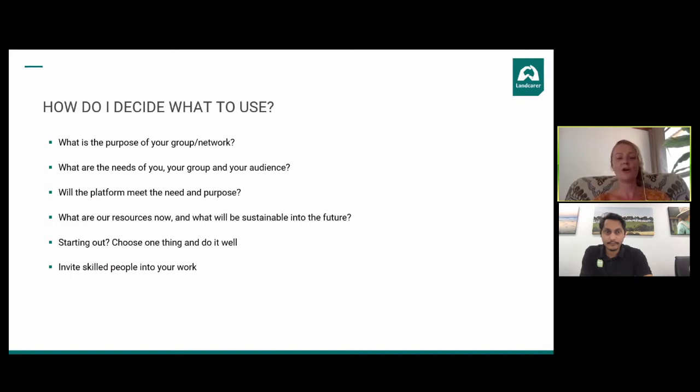As your confidence grows and your capacity builds, perhaps by inviting more skilled people into your network, you can start to branch out and test and play with other tools and platforms that might work for you. And it is okay to play with something and then decide that it's not working for you.